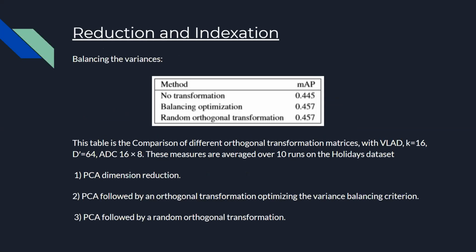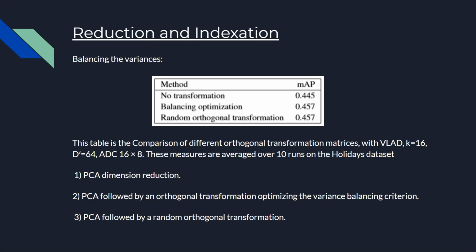Now, reduction and indexation. Here is the table on balancing the variances. This table is a comparison of different orthogonal transformation matrices with VLAD of k equal to 16, d' equal to 64, and ADC 16 cross 8.